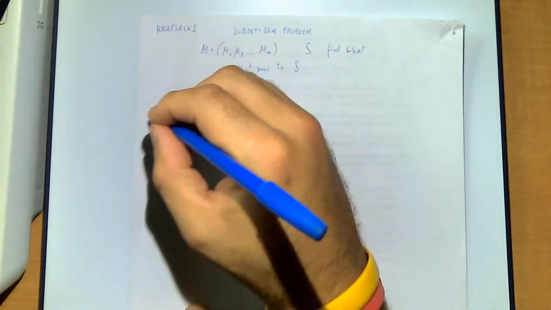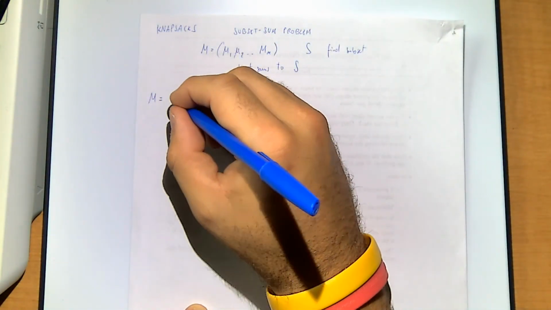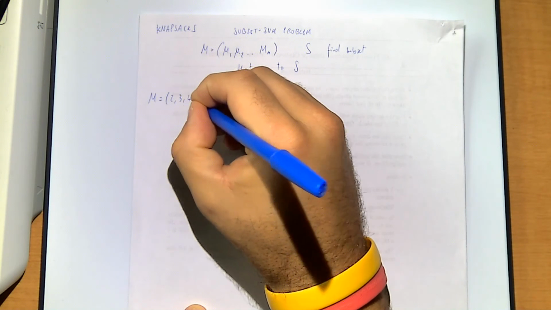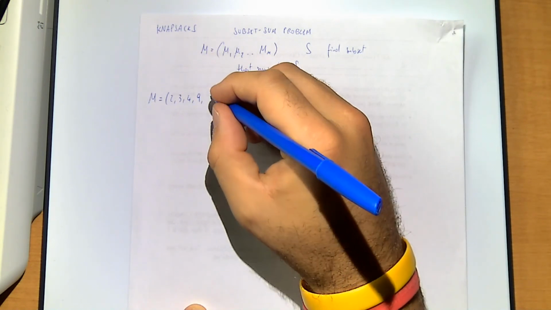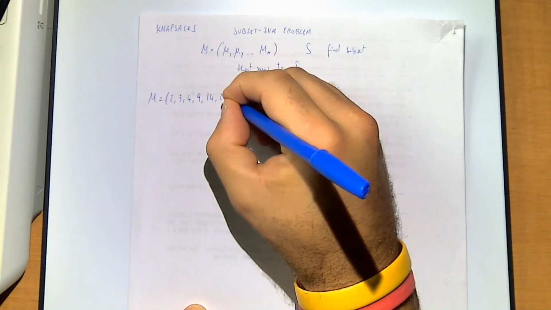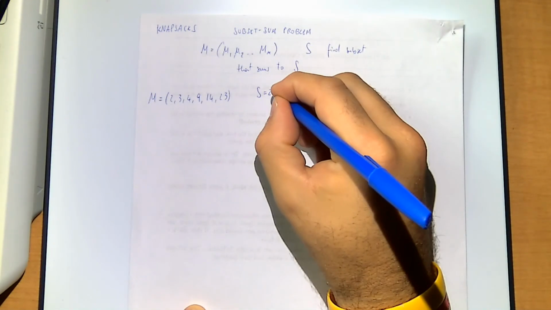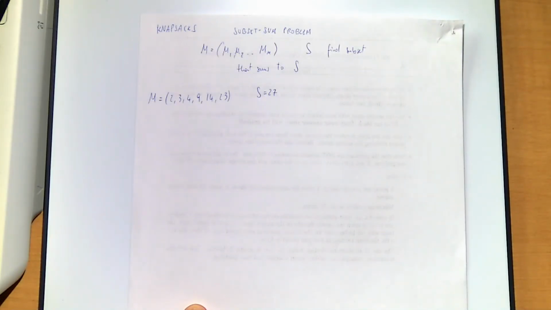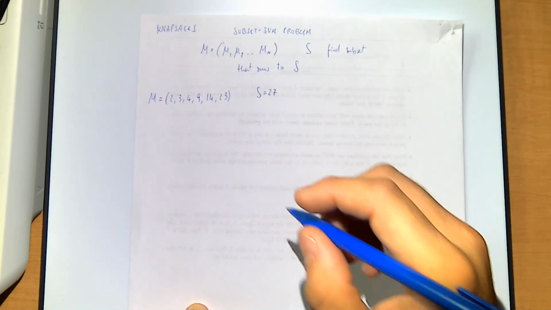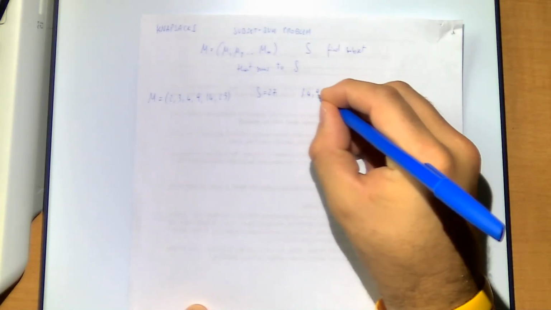Suppose that you have the list M to be 2, 3, 4, 9, 14, 23, and I give you S equal 27. Can you find a subset of the elements that sums to 27? Yes, 23 and 4, but also 4, 9, and 14.